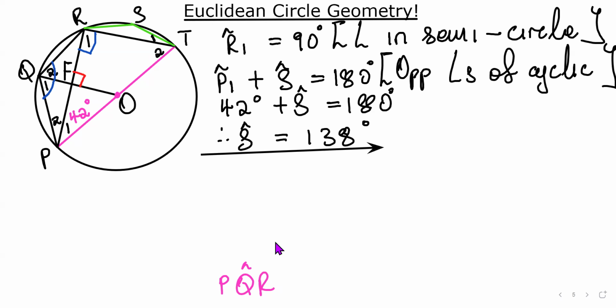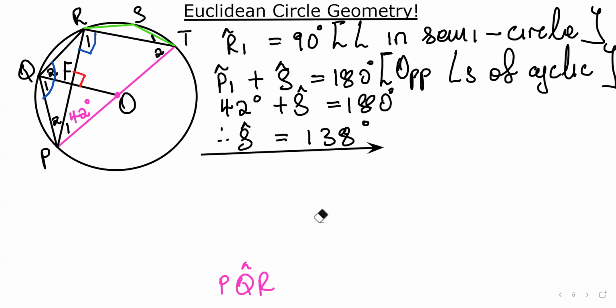We found the size of angle S, didn't we? Of course we did, but S is in a different quadrilateral. What if we found T2? We'll still have to find T1. No, let's find T2.